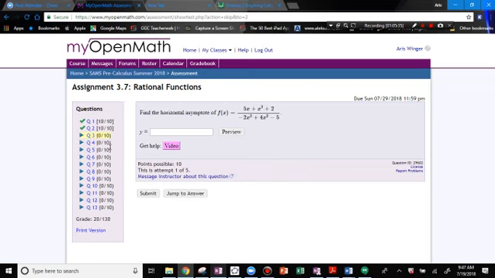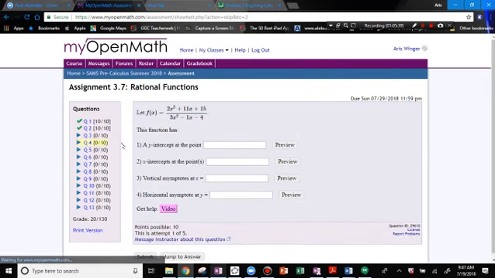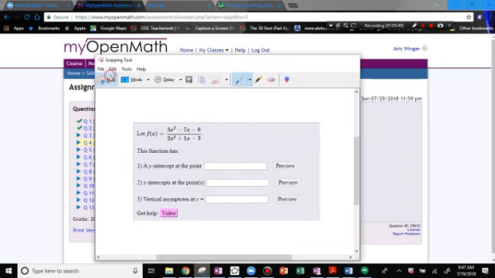Same thing, find a horizontal asymptote. The whole game. The whole game. Let's go ahead and work on this one. Answer this question.